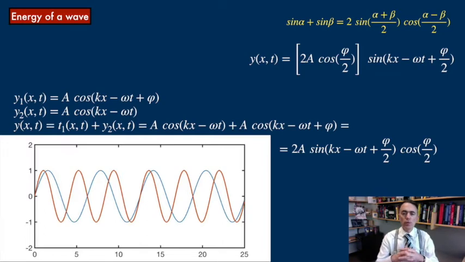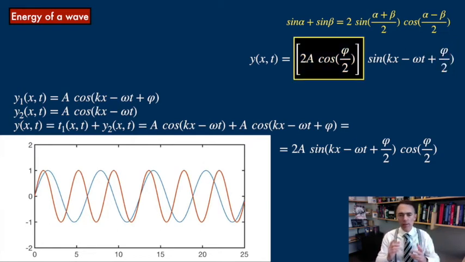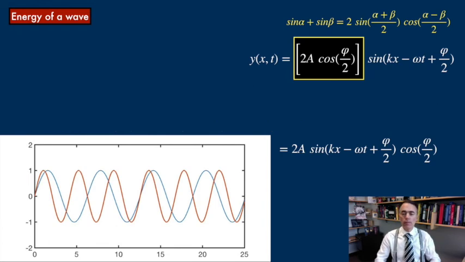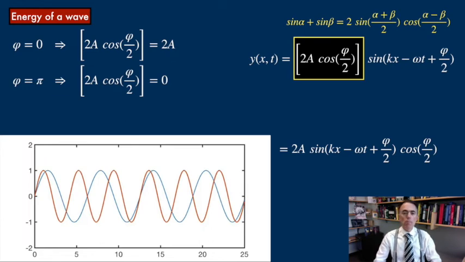This is a new sinusoidal wave that has an initial phase, half of that between both initial waves, and whose amplitude is changed by this factor. Depending on the phase shift between both waves, the amplitude will be greater or smaller. Both waves can add up constructively or subtract destructively.